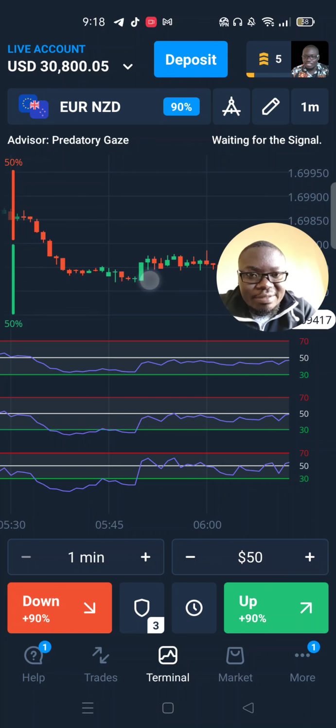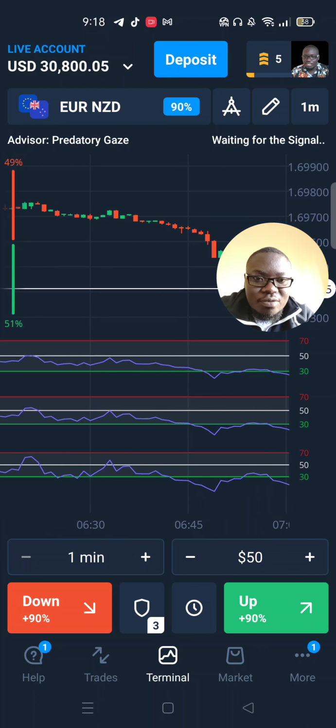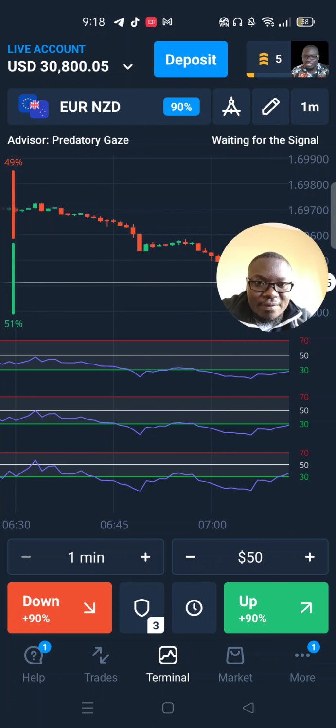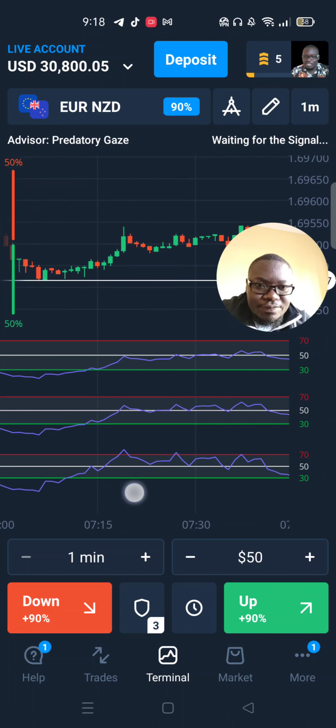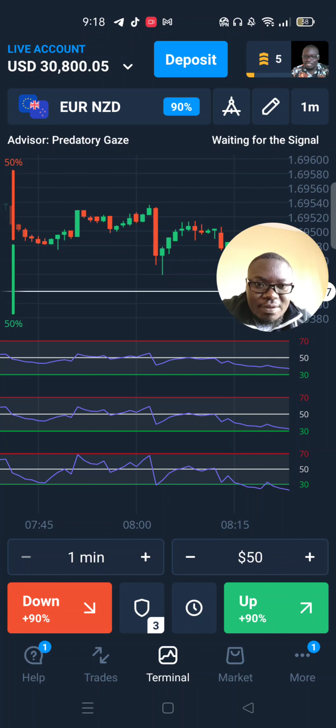You see the market made a spike, it moved back to the bottom. You can see another spike here, then consolidation.